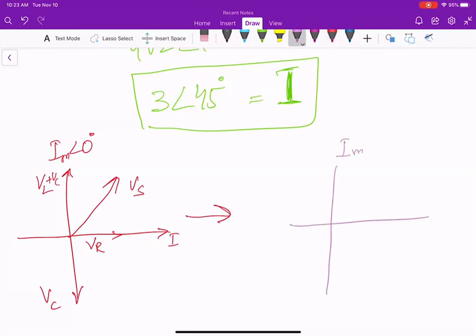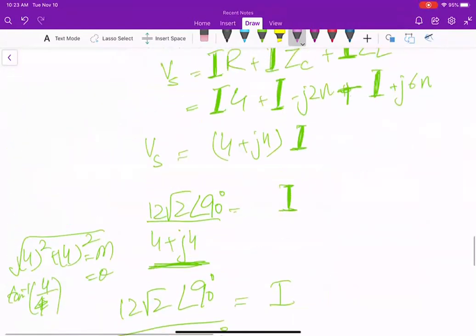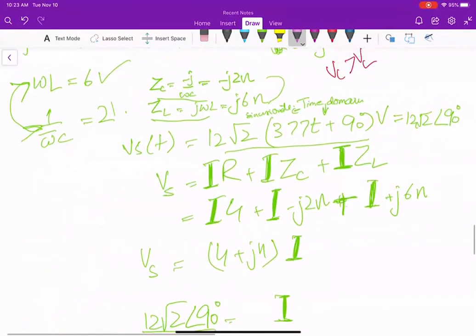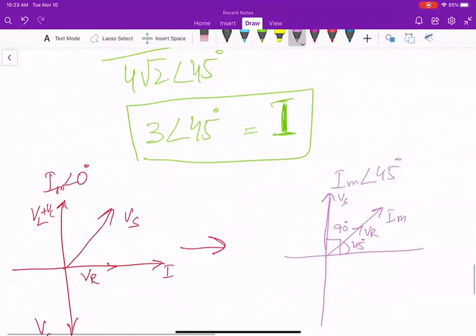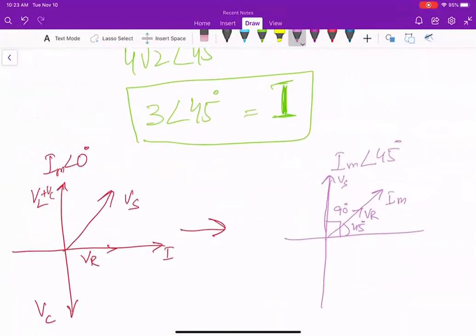Your I is at 45 degrees, which will shift everything by 45 degrees, which makes your VR at 45 degrees and your VS at 90 degrees, that you can confirm here that this VS is at 90 degrees.